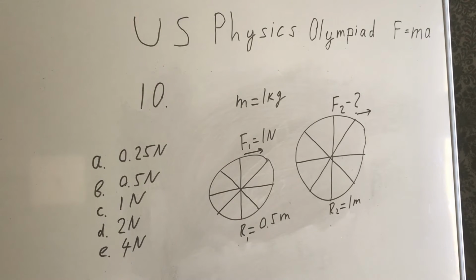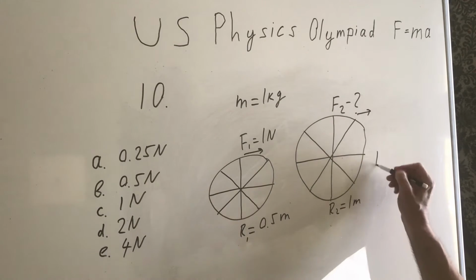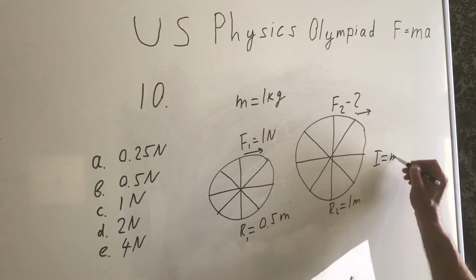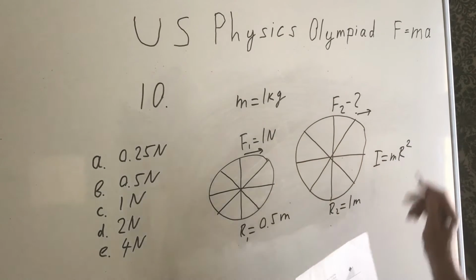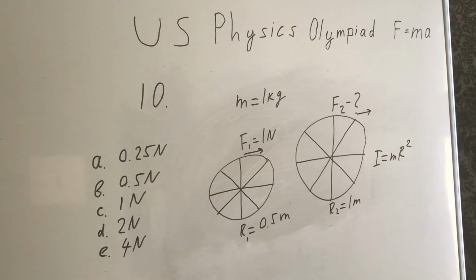Assume the hubs and spokes are massless, so that we can count rotational inertia I equal m r square. In order to impart identical angular accelerations about their respective hubs, how large must F2 be?